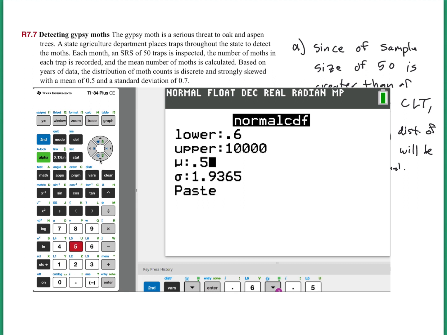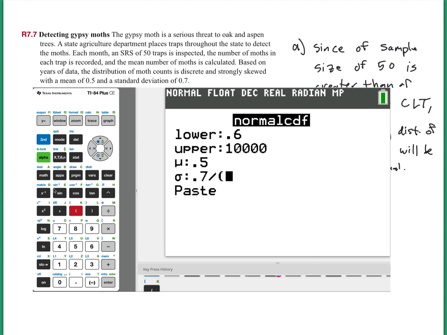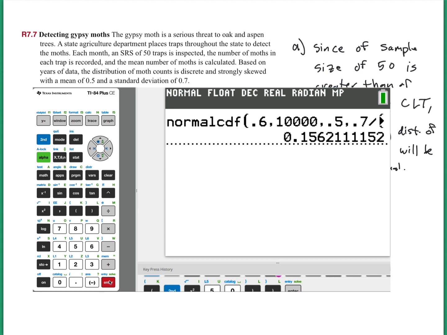Our mean was 0.5. And then we can calculate the standard deviation. The standard deviation they said was 0.7, and we can just divide it by the square root of the sample size, and we can do it right in there. If they don't ask for the standard deviation, we can just put it right in there, and that'll be the exact value anyways.